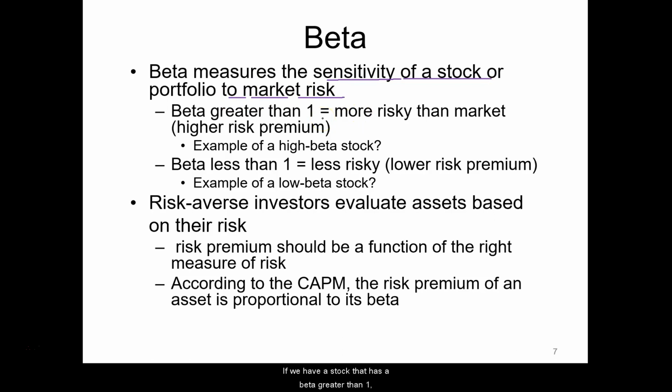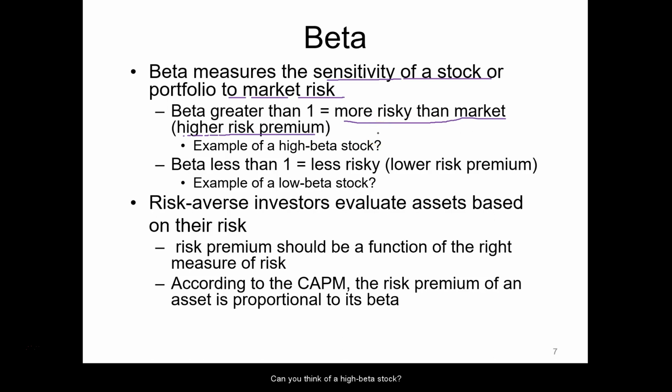So if we have a stock that has a beta greater than 1, we say that stock is more risky than the overall market. And if you use a high beta, for example 1.5, multiplied by the market risk premium, the result apparently will be higher than the market risk premium itself, right? So that's telling you that stock has a higher risk premium than the market risk premium.